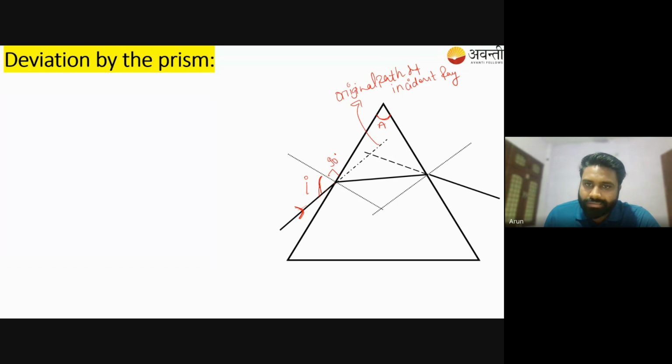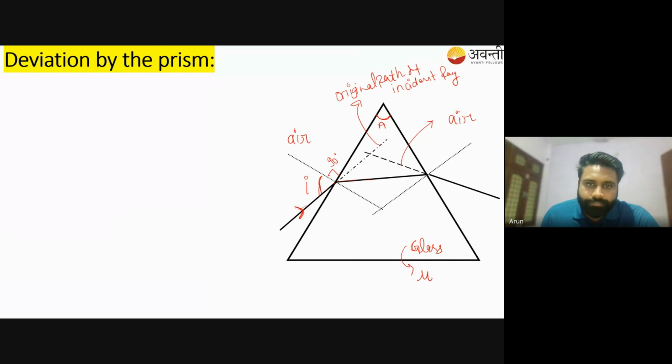And similarly, this is the normal. The ray bends, because here it is air, here it is also air, and this is glass of refractive index mu.